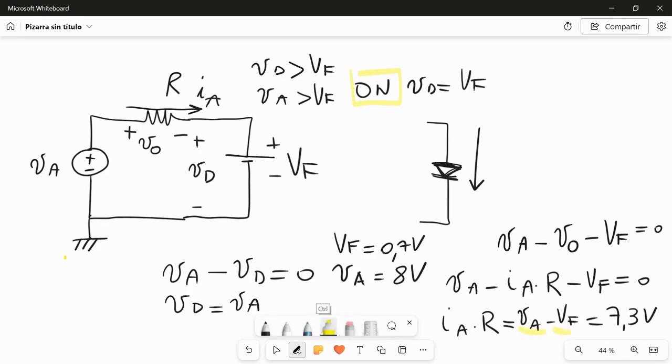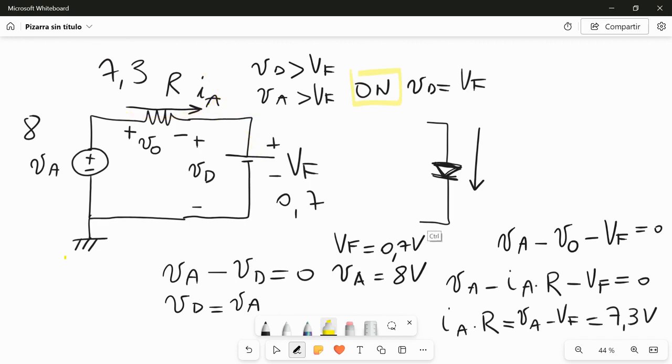So basically we have here a voltage drop of 7.3, here we have a voltage drop of 8, and here we have 0.7. Okay, so the excess voltage falls into this resistor here and sets the current value which flows in the mesh, which means also through the diode.